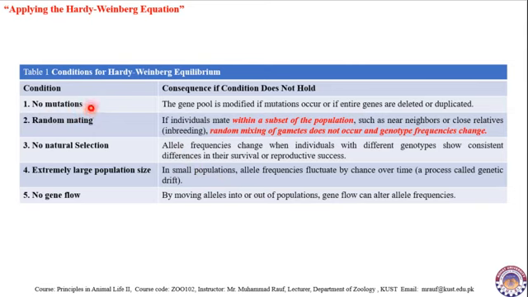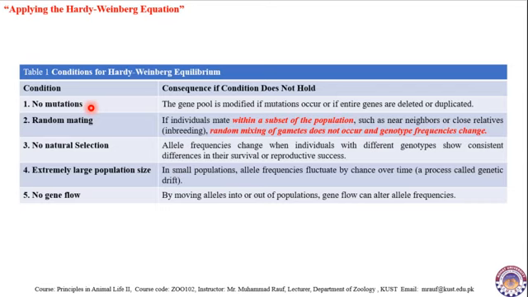Mutation is the change in the genetic material of a cell or an organism. Mutations can be large scale mutations like chromosomal mutations, where change occurs in the number and structure of chromosomes, or it can be gene mutations where changes occur in the individual genes.